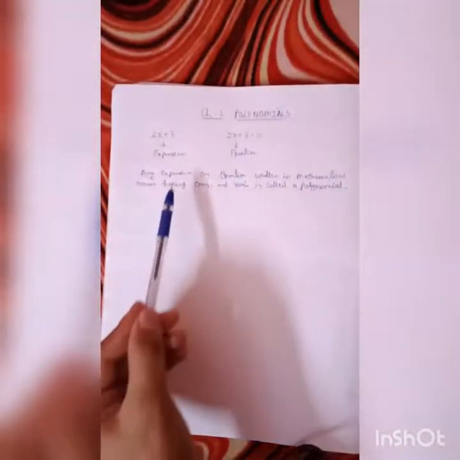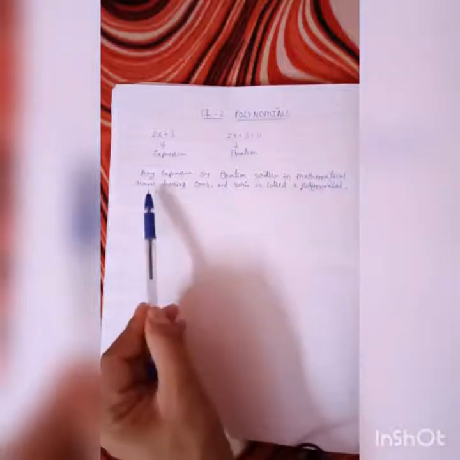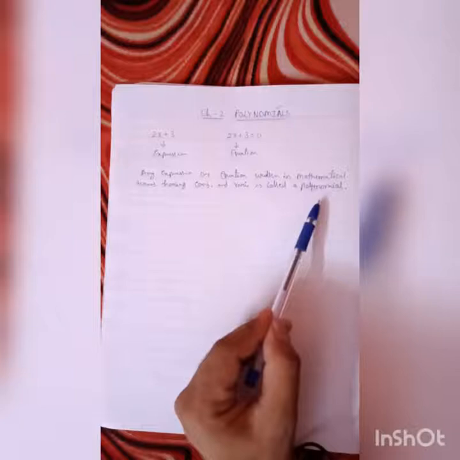In mathematical language we can say any expression or equation written in mathematical terms having constants and variables is called a polynomial. So this is the polynomial's definition.